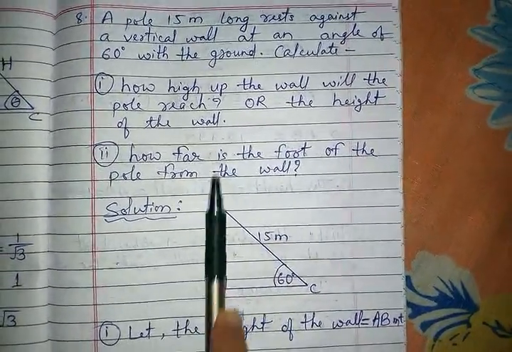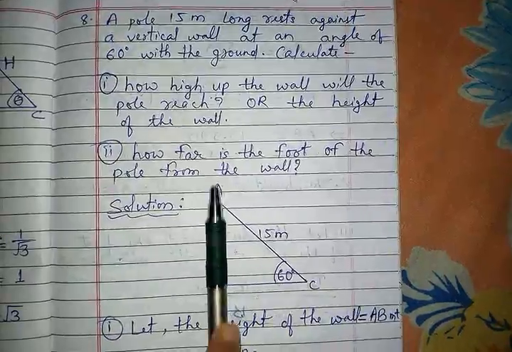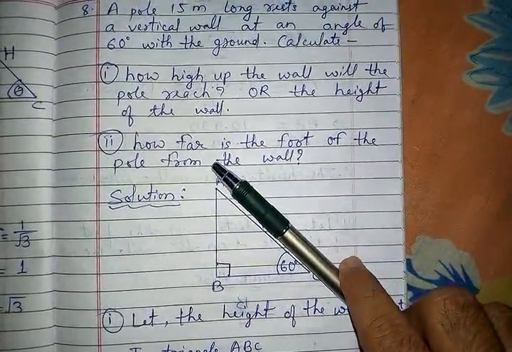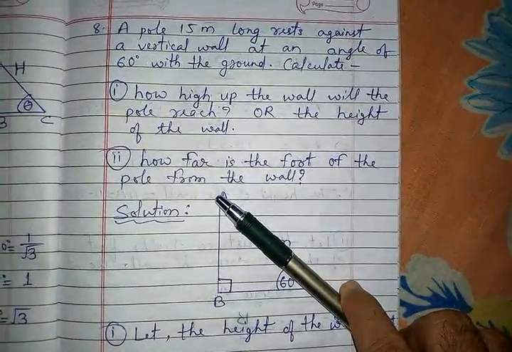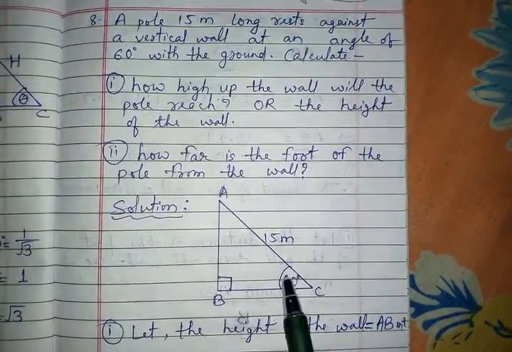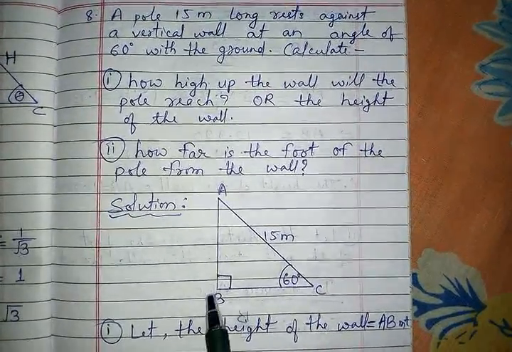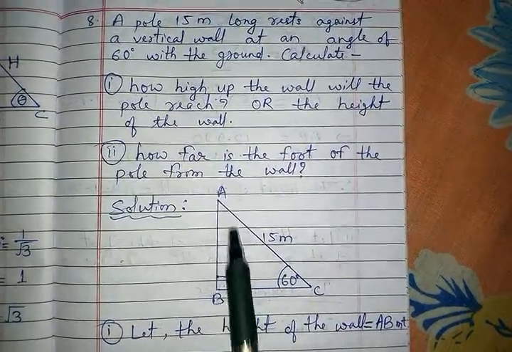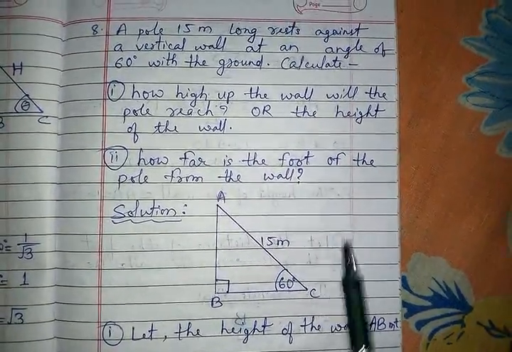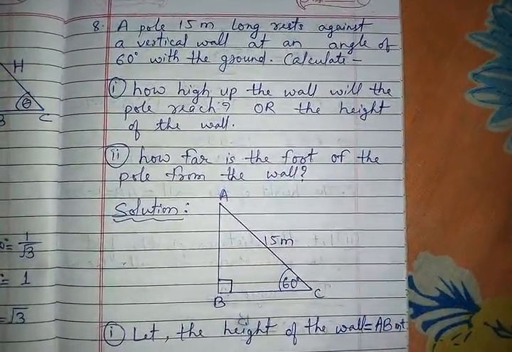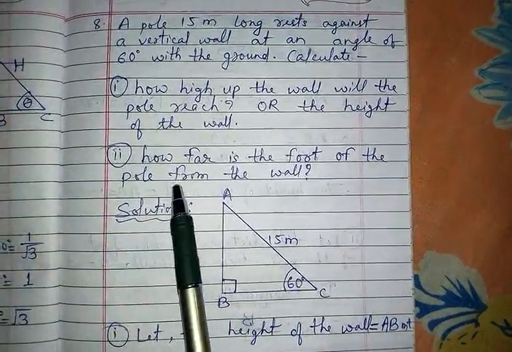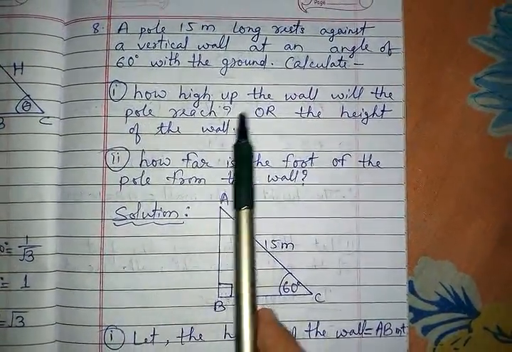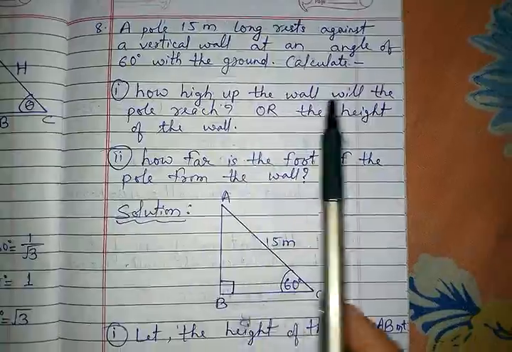Suppose this is a very long wall, and on a particular part of it this pole is resting, making 60 degrees with the ground. So BC is the ground, AB is the height of the wall, and AC is the pole resting on the wall. Now question number 1: calculate how high up the wall the pole will reach.